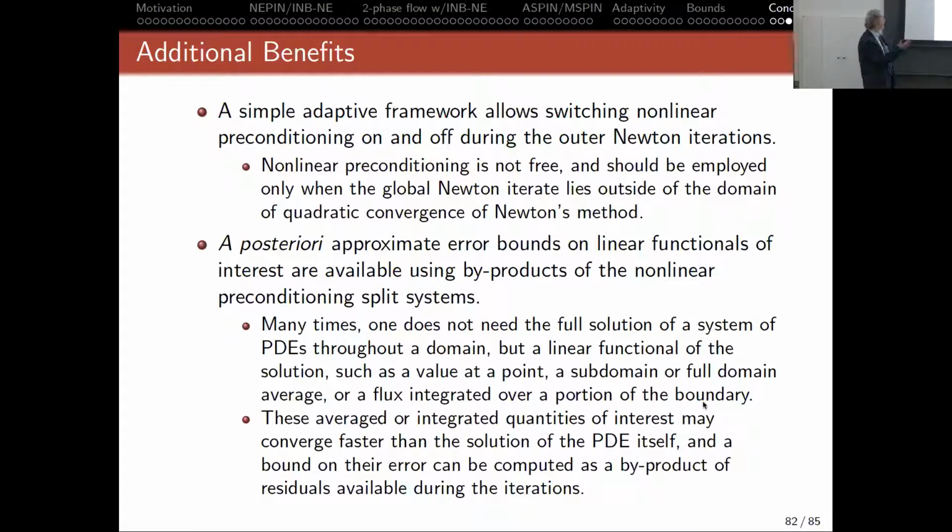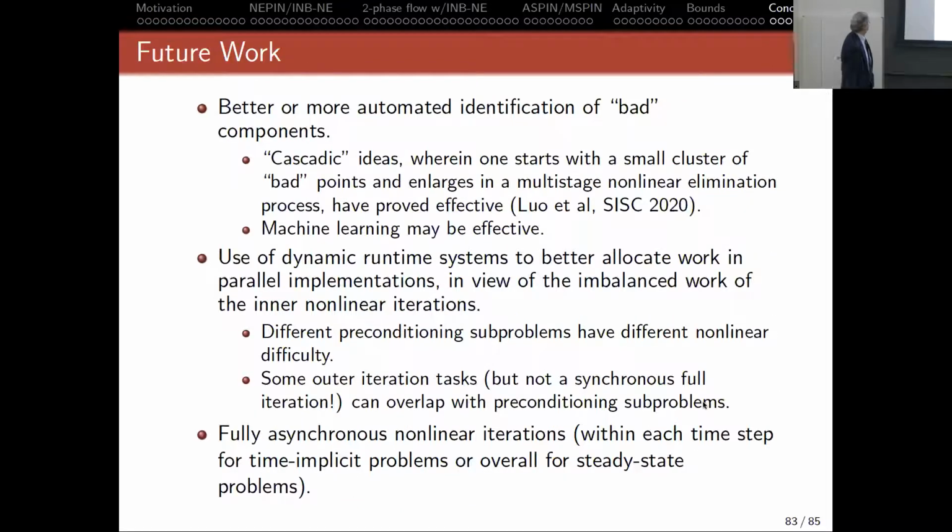There's an adaptive framework that allows switching back to Newton when it is safe to do so. And there are a posteriori error bounds on the linear functionals of interest, because you may not need to drive the Newton to a high convergence to get to a certain accuracy of quantity of interest.